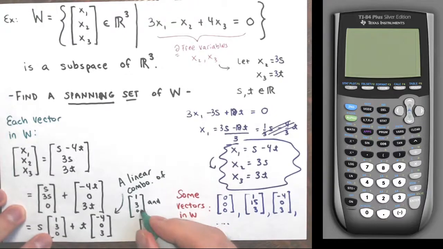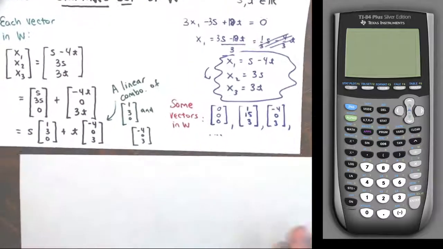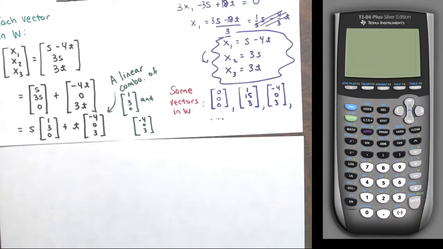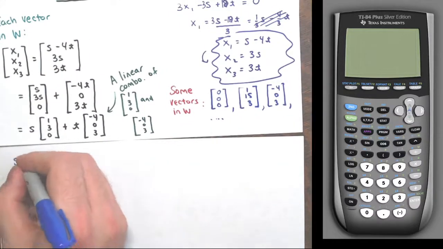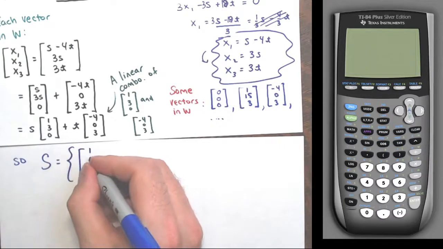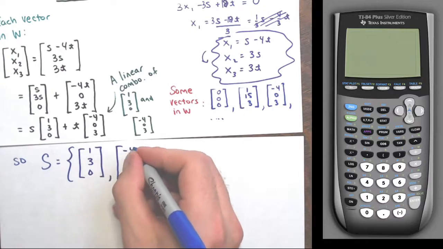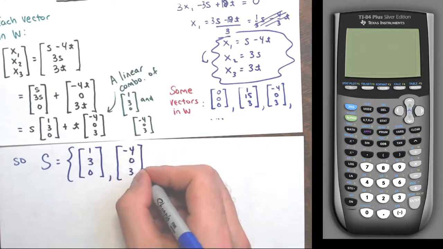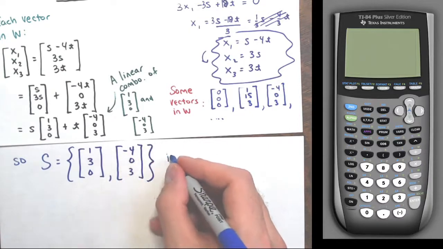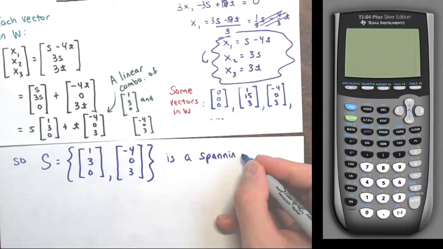And these two vectors make up this spanning set of W. All right. So this set S, so S equals the set with 1, 3, 0 and negative 4, 0, 3 is a spanning set of W.